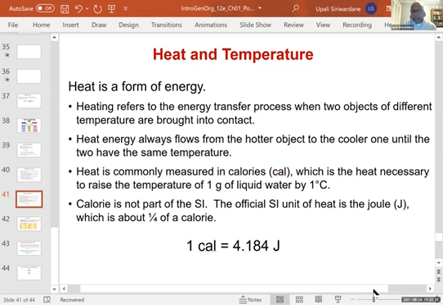The unit of heat is the joule, which is about 1/4 of a calorie. So 1 calorie is 4.184 joules. So you use a conversion factor to convert calories to joules.